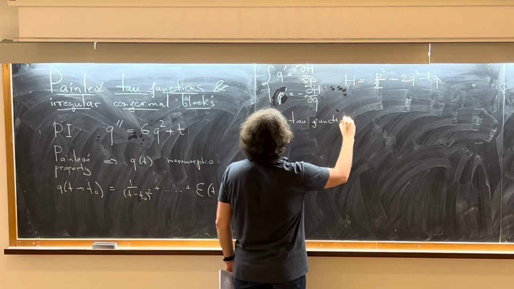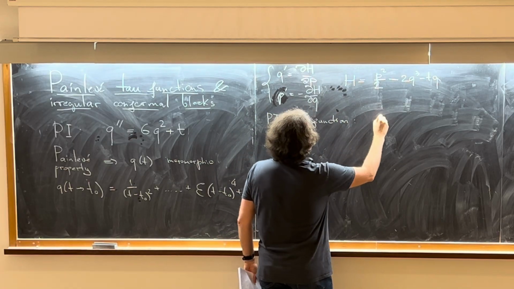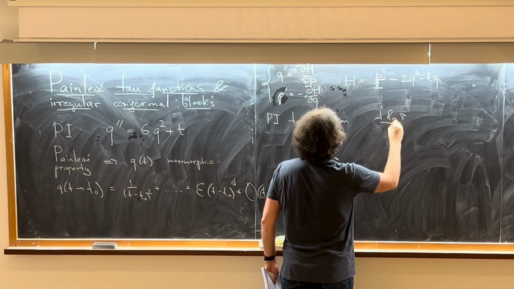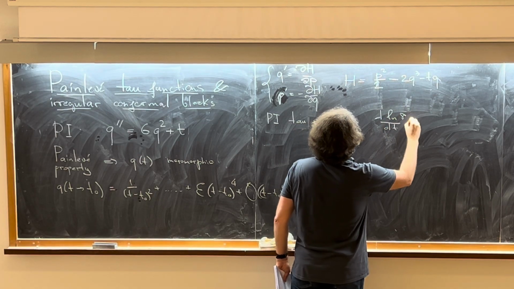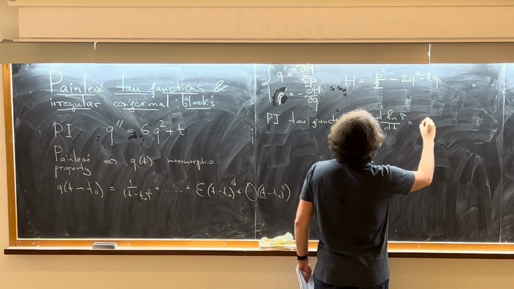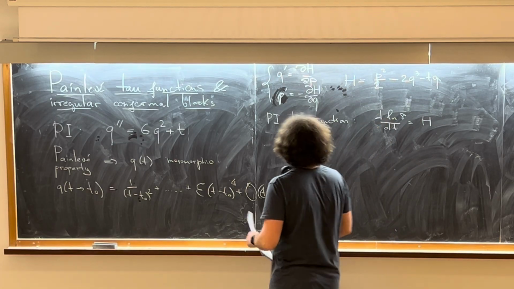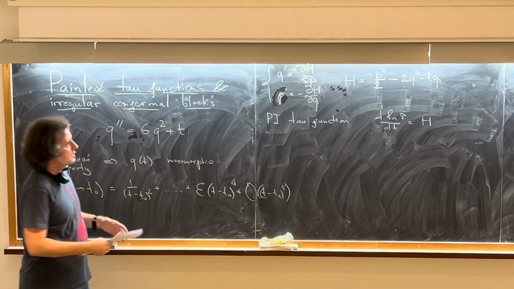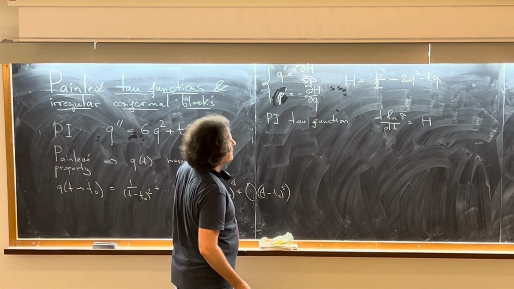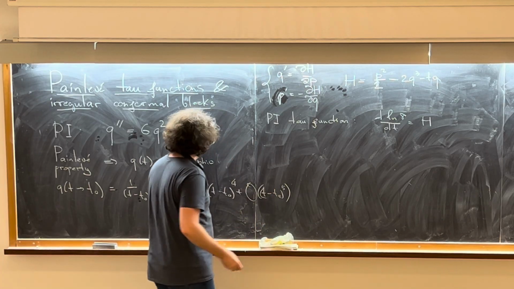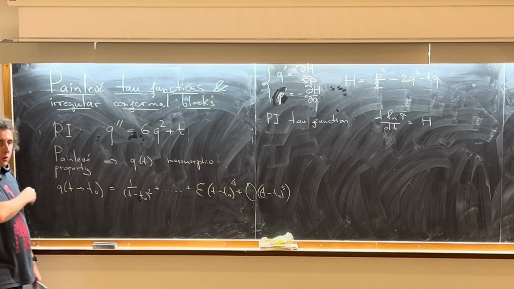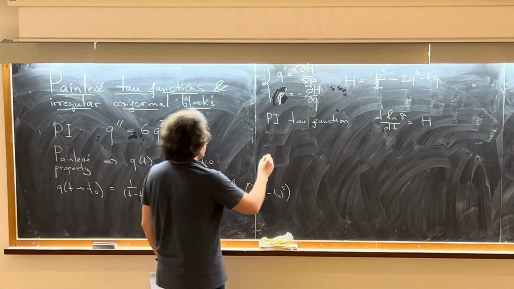The tau function is defined in this way: its logarithmic derivative with respect to time is equal to the Hamiltonian. One of the nice things about the tau function is that, unlike the Painlevé one transcendent itself, it is holomorphic in the entire complex plane.